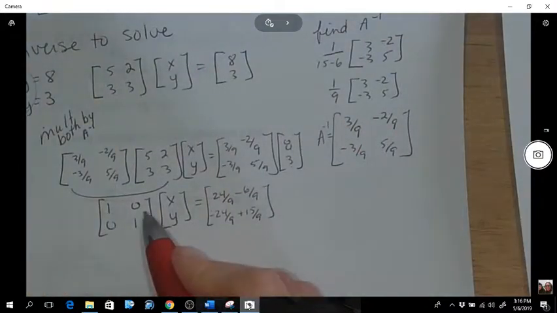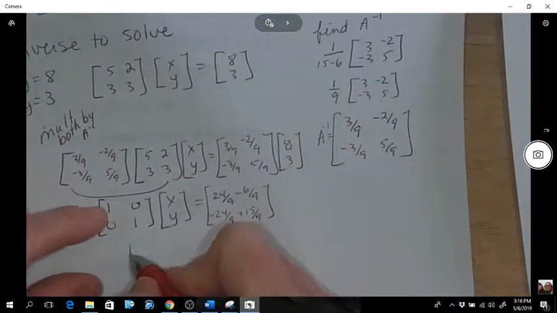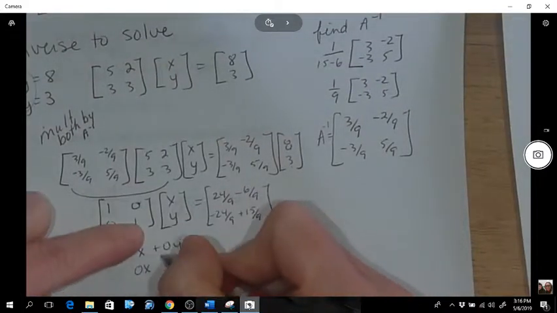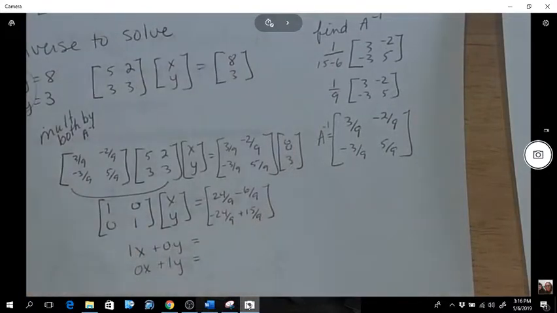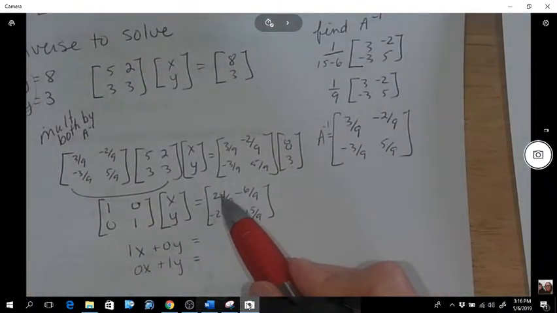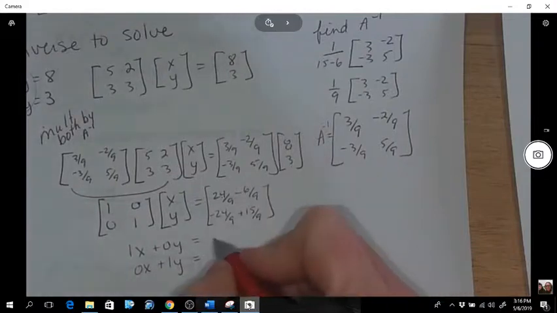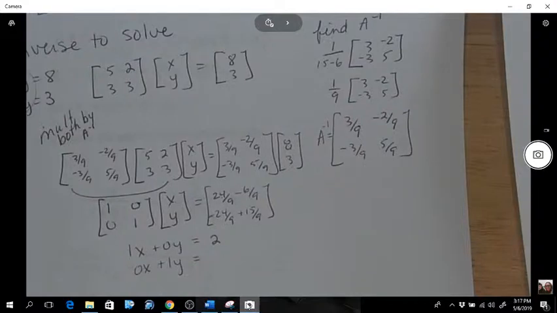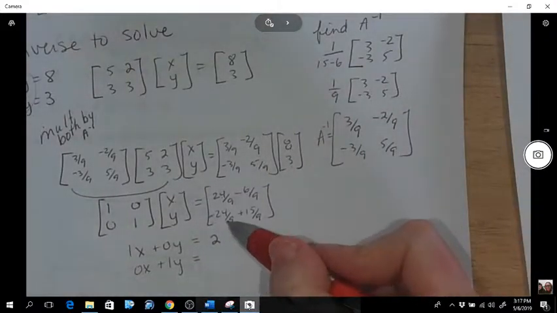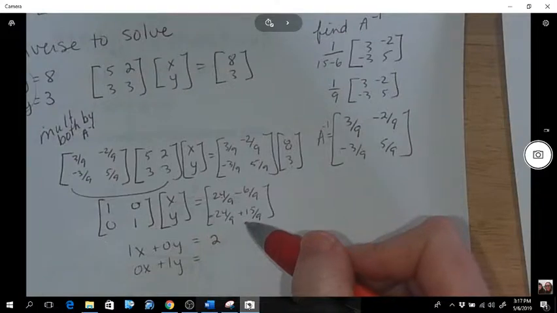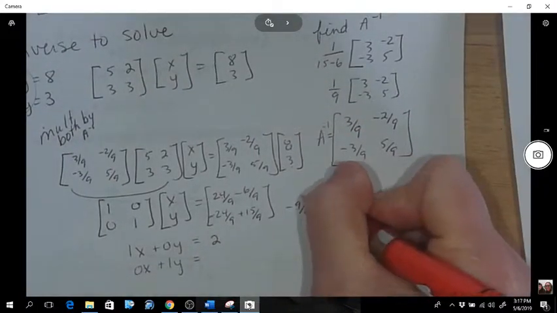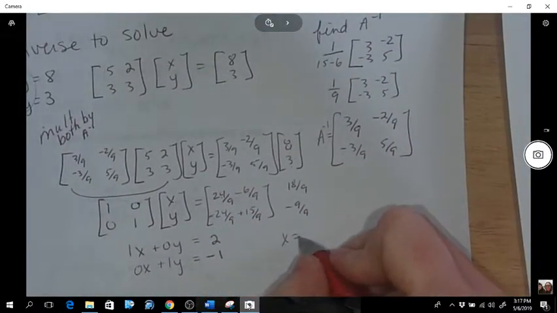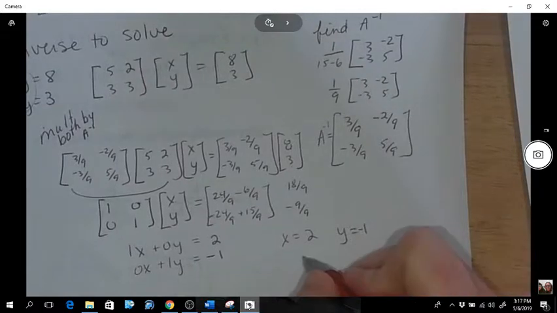Do we understand that this would be 1x plus 0y, and then 0x plus 1y, and then we equal 24 minus 6 is 18, over 9 is 2, and then negative 24 plus 15 is negative 9 over 9. So that's negative 1. So the conclusion is x equals 2 and y equals negative 1. So 2, negative 1.